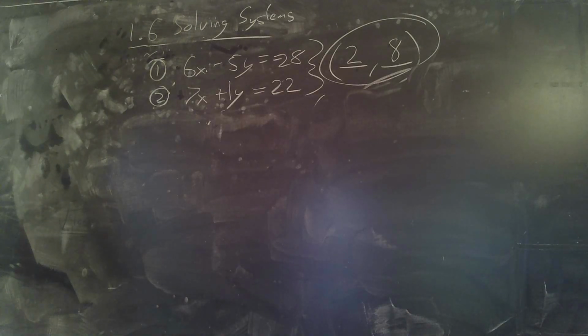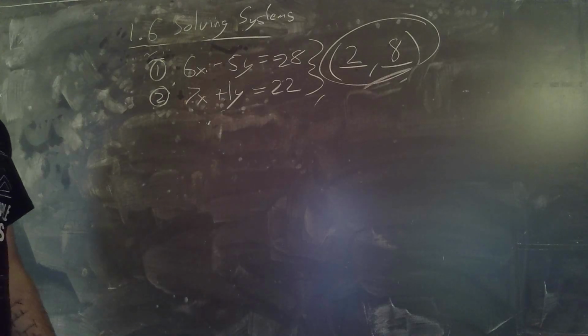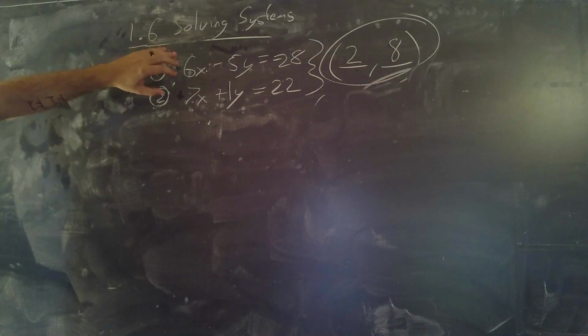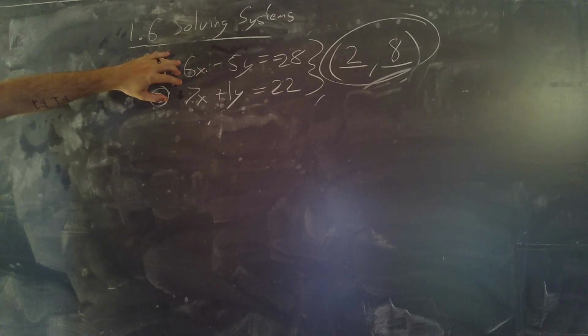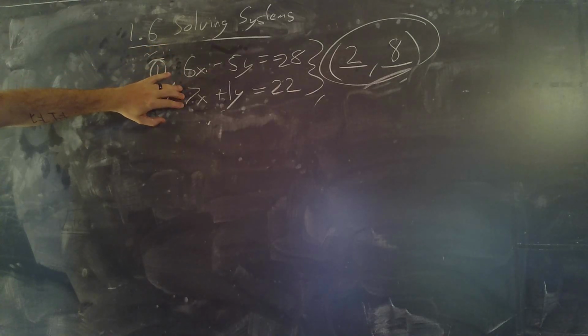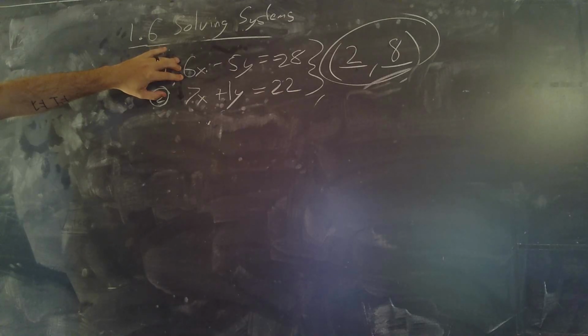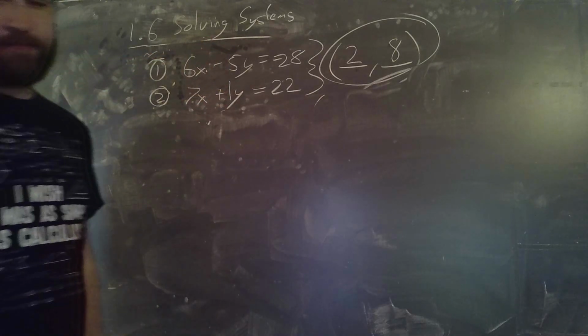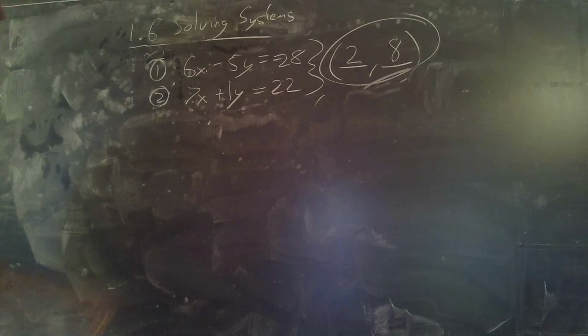Now, what I'm going to try to do is find a number that I can multiply one of the equations by that will turn either the x numbers into each other, meaning I want either the 6 to become a 7 or I want a 7 to become a 6. Or I'm going to try to turn the 5 into the 1 or a 1 into a 5 by multiplying by something. Now, immediately you'll notice turning a 6 into a 7 by multiplying by something is really hard. It involves fractions. So we maybe don't want to do that.